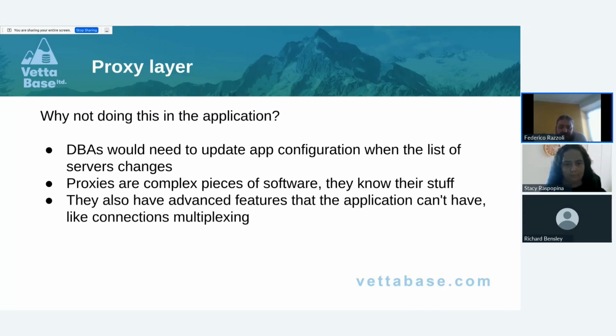Trying to do the same in your application will open cans of worms that you can't even imagine, or will lead to oversimplifications, which will create problems for your workload and your availability. And also, proxies have advanced features that applications can't implement, like multiplexing of connections from the proxy to the database server.